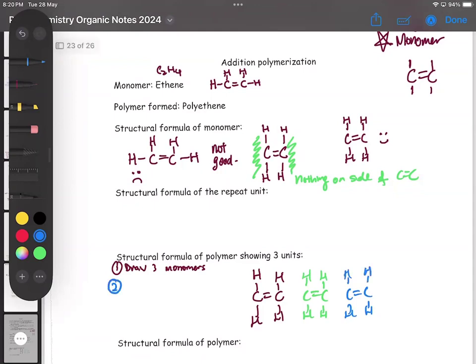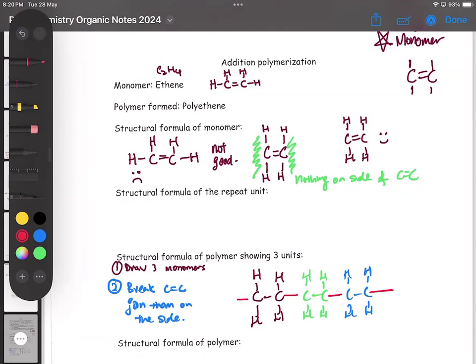Then the second step is the ending step. Break, because these are addition polymers. So we break the CC double bond and then join them on the side. We break the CC double bond, break the CC double bond, and break the CC double bond. And after we break all these bonds, you notice you get two more bonds each.